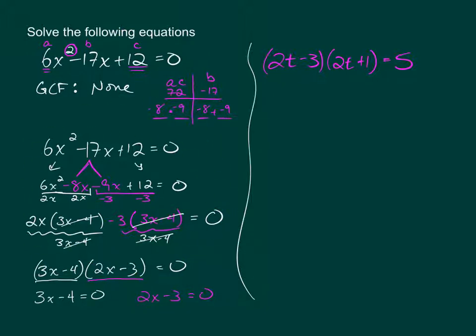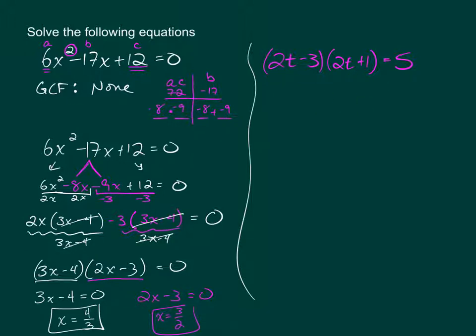Anyway, finally, let's get to solving these. The final answers here, if you solve these for x, will be x equals 4 over 3 and x equals 3 over 2. So you can have more than one answer. And in fact, you can have up to 2 answers, that 2 coming from the biggest exponent of x.